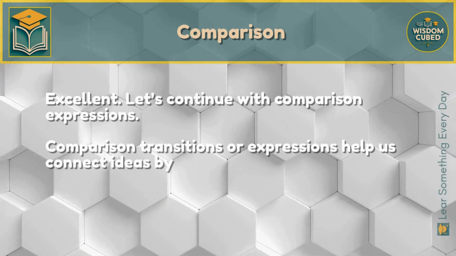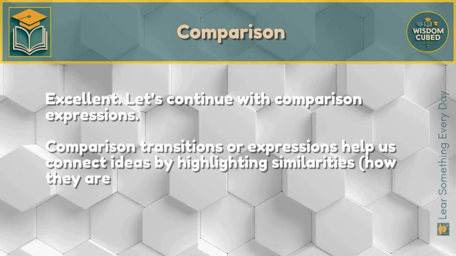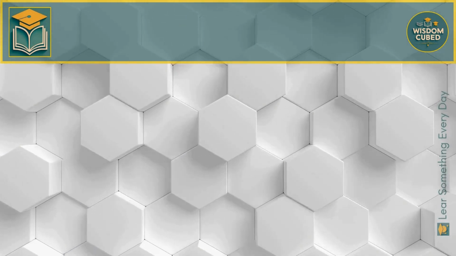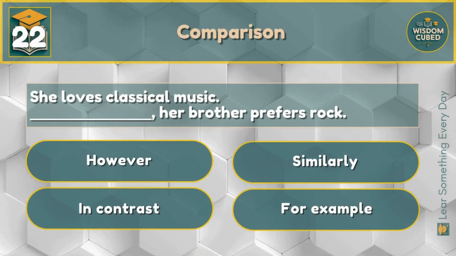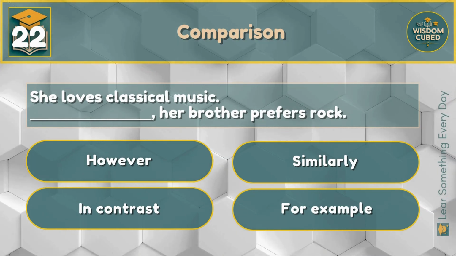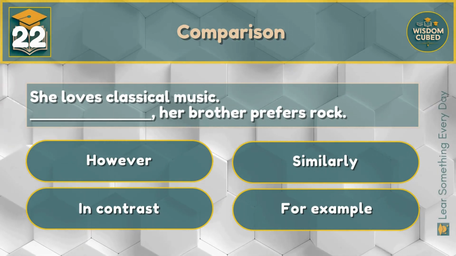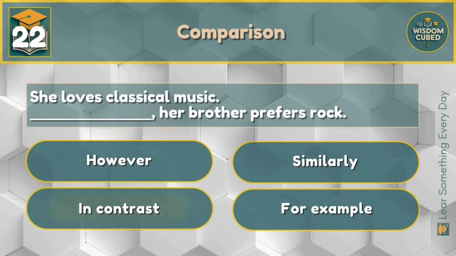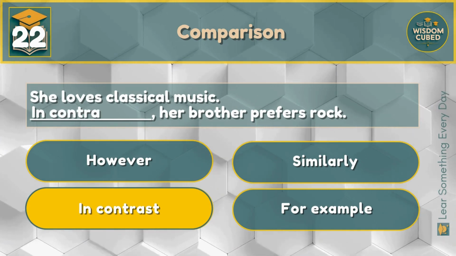Comparison transitions or expressions help us connect ideas by highlighting similarities, how they are alike, or differences, how they contrast. She loves classical music. In contrast, her brother prefers rock.